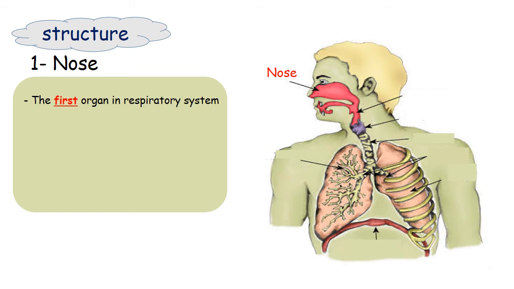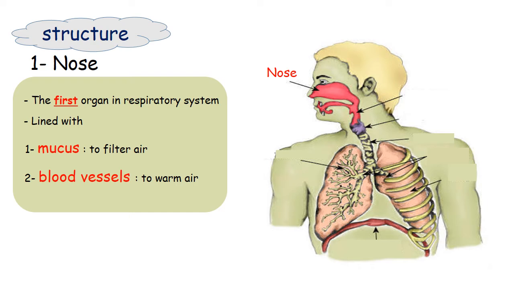Nose, the first organ in the respiratory system. It's lined with mucus to filter air and blood vessels to warm air.